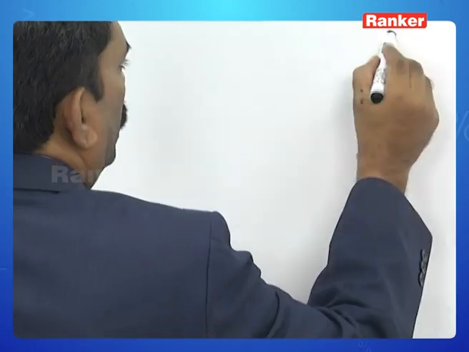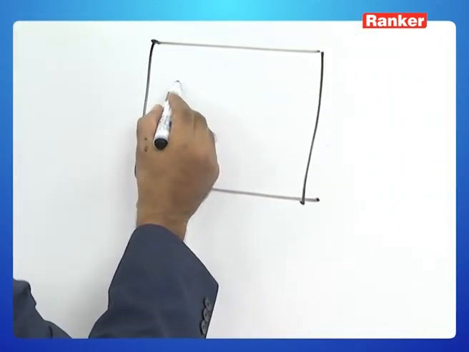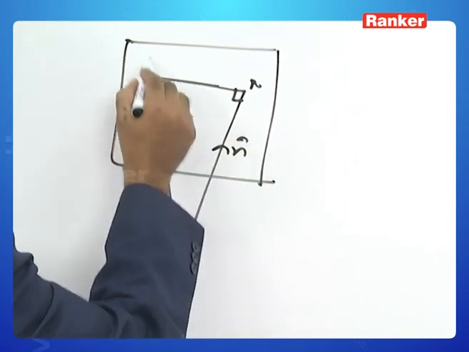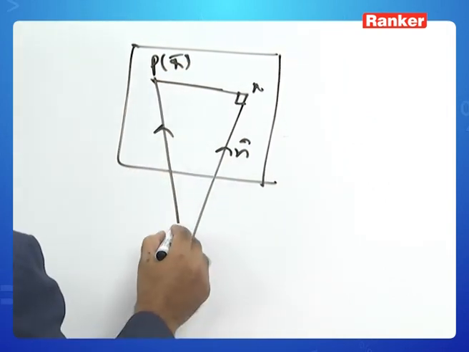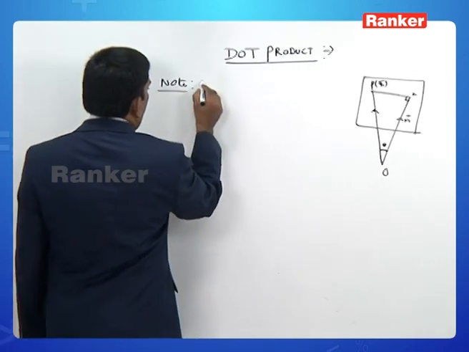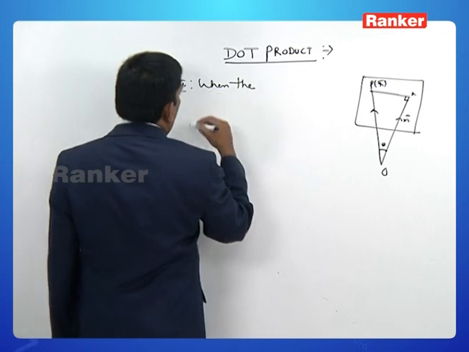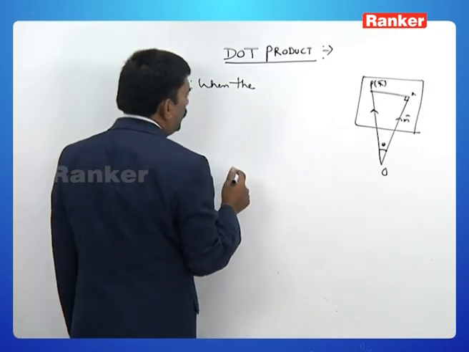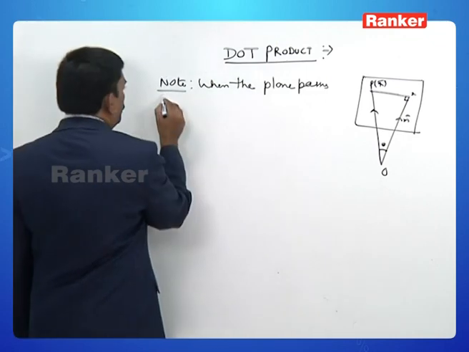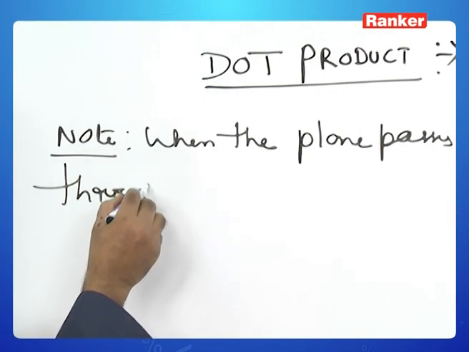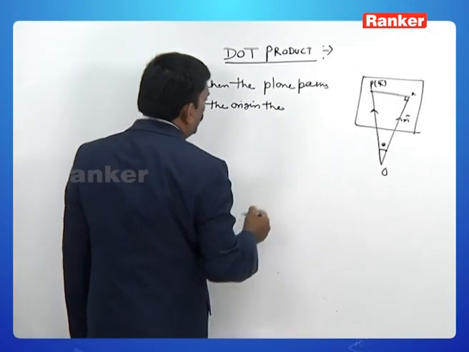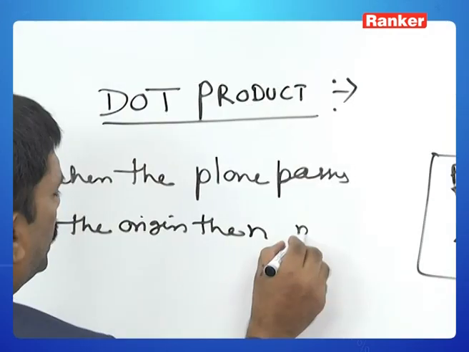Cartesian equation of a plane. Now, note that when the plane passes through the origin, then P is equal to 0.